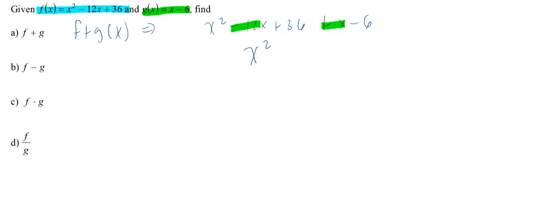So we would have x squared minus 11x, and then we have another set of like terms. We have a 36 minus a 6. That would be minus 30. You might notice that this is a quadratic that you could also equally tell me is x minus 6 times x plus 5. And I would accept either of those answers for the A part.